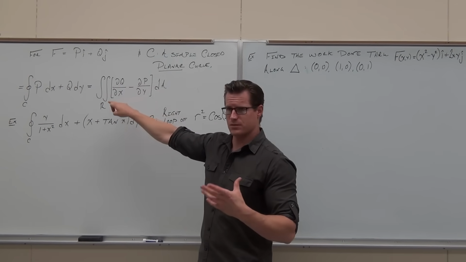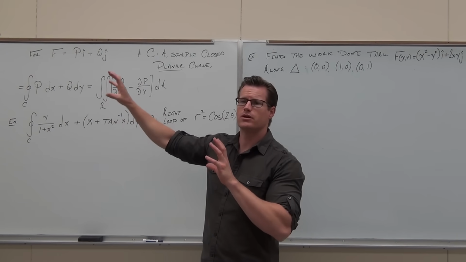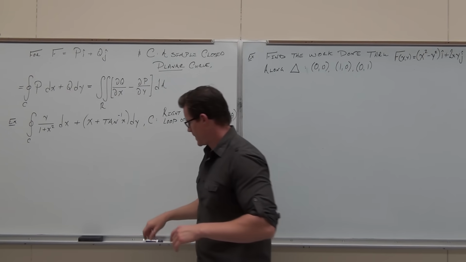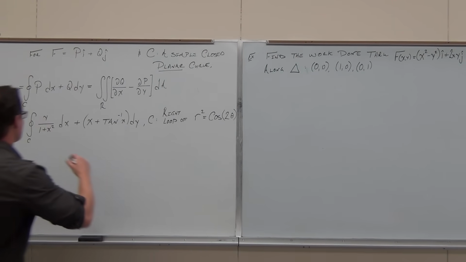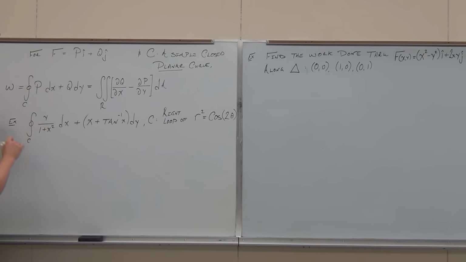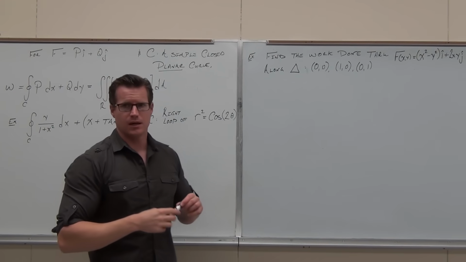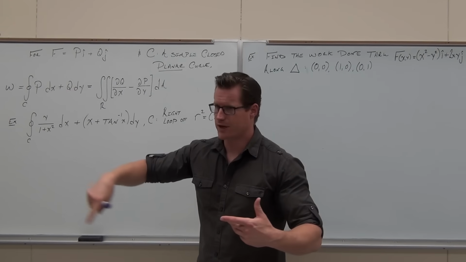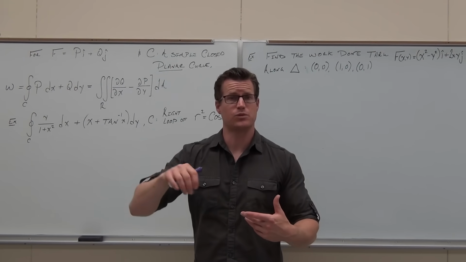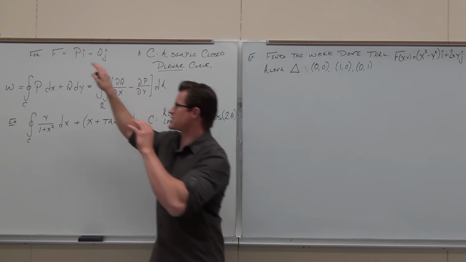And this is what Green's theorem says to us. If we have a non-conservative vector field and a simple closed curve, planar curve going through it, this would represent a line integral, or the work done, through a vector field along a simple closed curve. That's what that gives us. That means Green's theorem gives us the same thing.